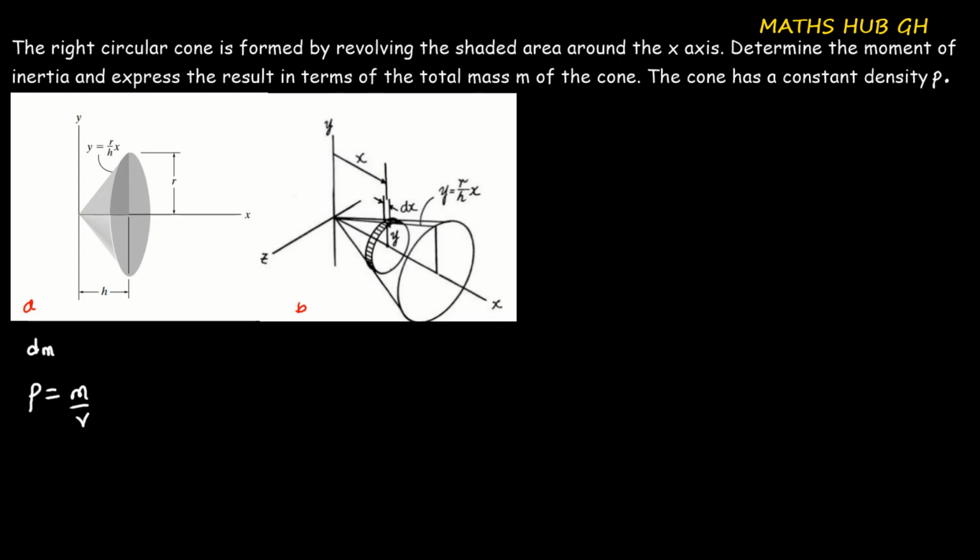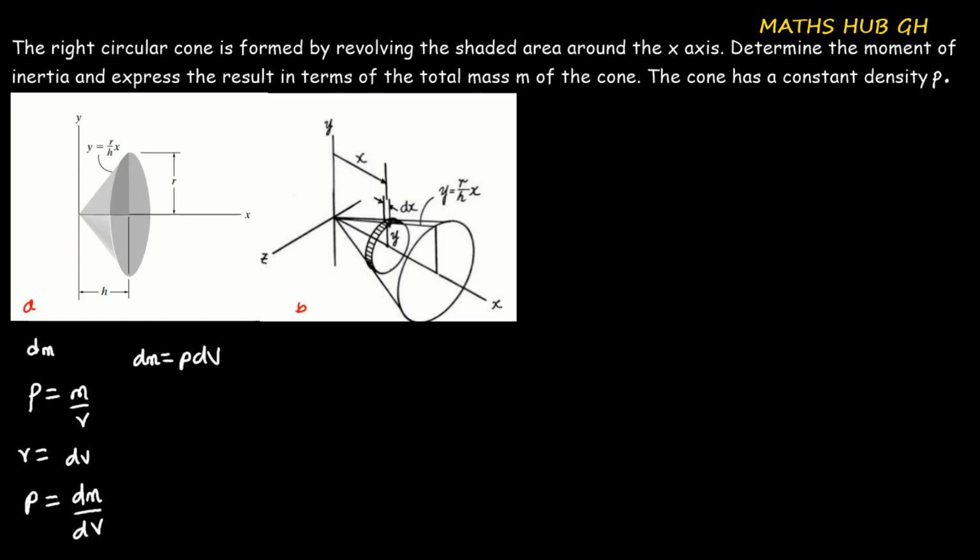We can say that the mass of the circular disc is dm, and the volume will be dv. So from here we have the density rho equal to dm over dv. So the mass dm will be equal to rho dv. This will be the expression for the mass of the circular disc.